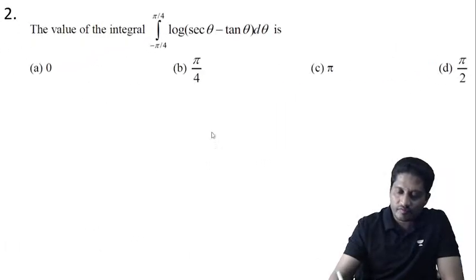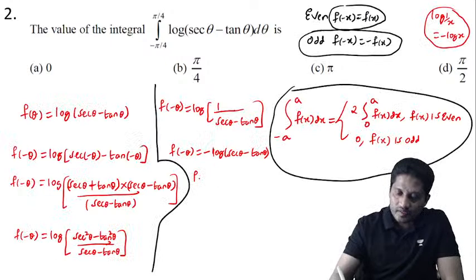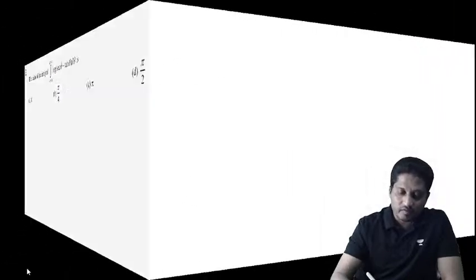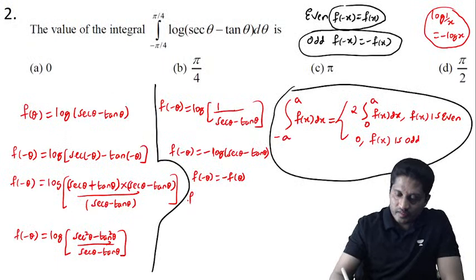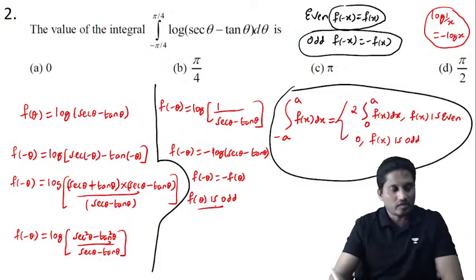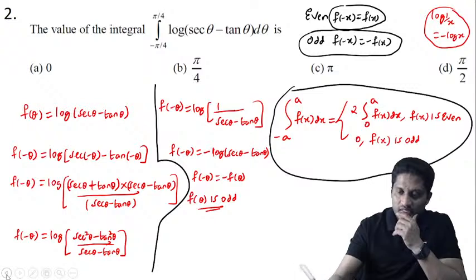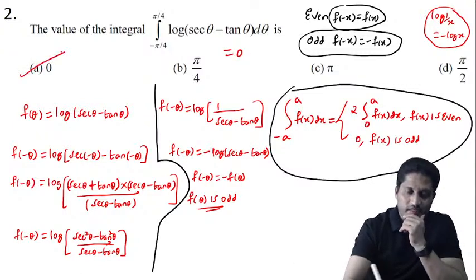Right, so this is f of minus theta. f of minus theta is equal to minus f of theta. So this means that f of theta is odd, because f of minus x is equal to minus f of x. This is odd. f(x) is odd, right? And then if I substitute, it's an odd function, so the answer should be equal to 0. Right? Answer is option A.